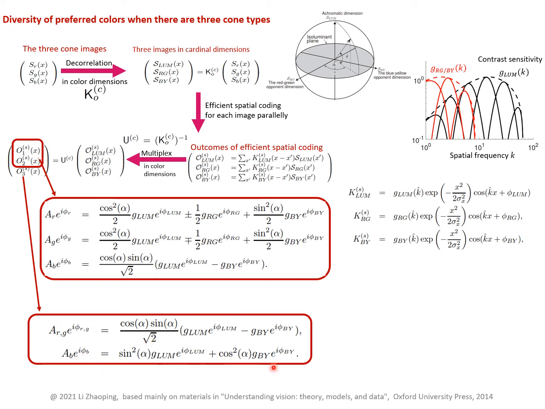And for the blue inputs, here is the amplitude and that's the phase. So you can see for the yellow input, it's a mixture between a luminance filter and a blue-yellow filter. And for the blue input, it's a mixture of the luminance filter, with opposite sign, and a blue-yellow filter. So it's multiplexing the luminance and blue-yellow filters for the third output node.